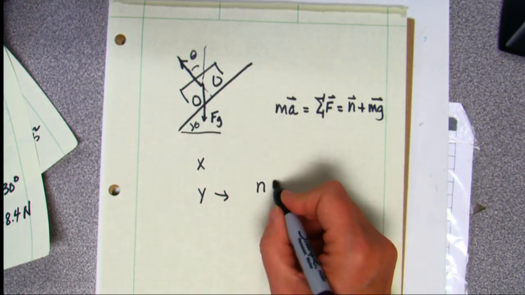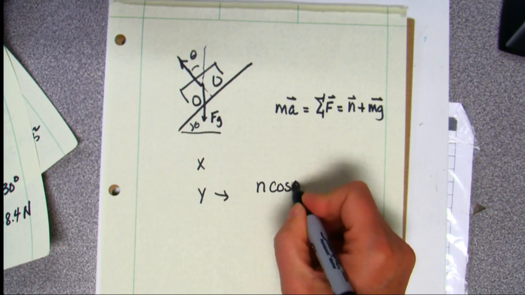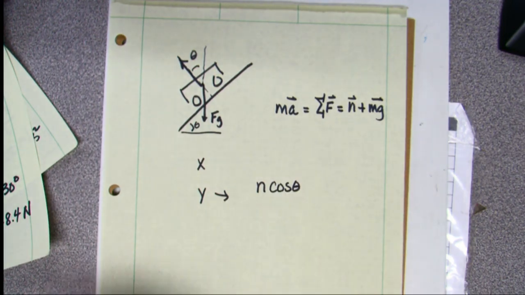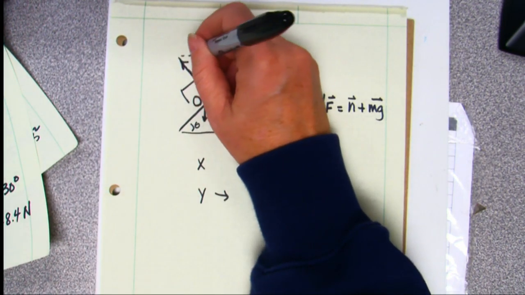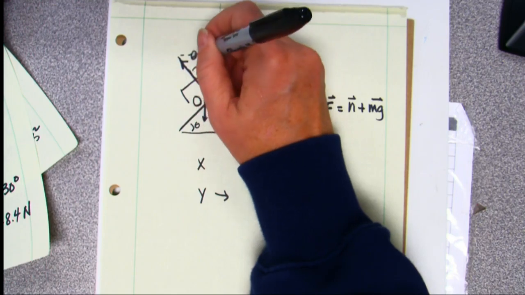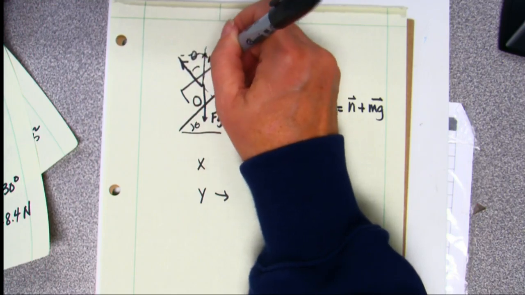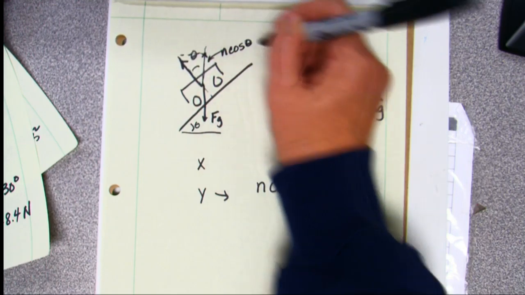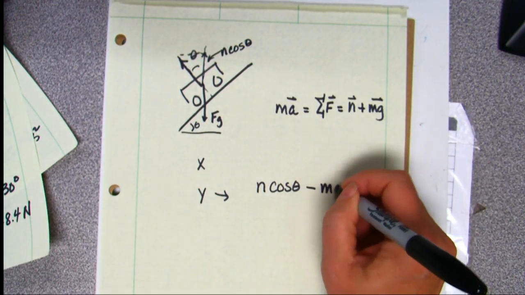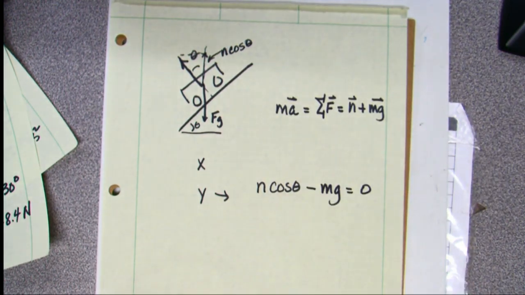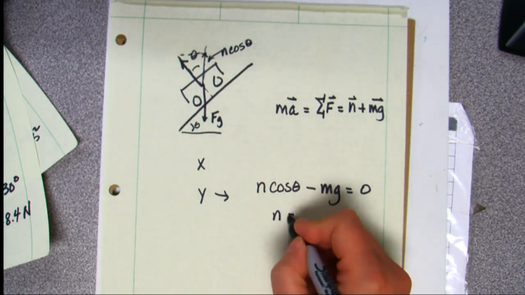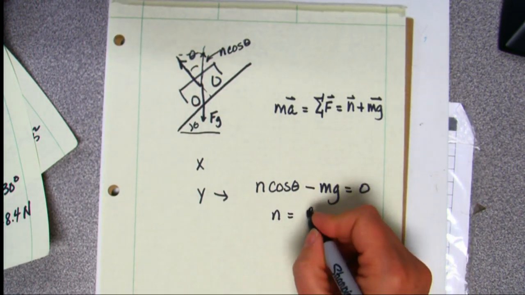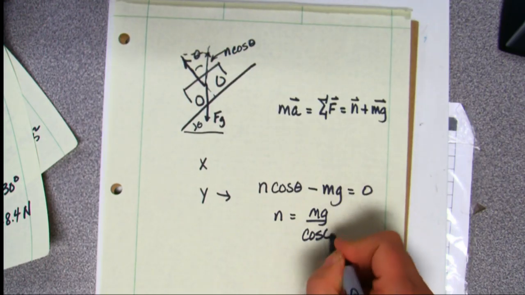I'm going to get my normal force times the cosine of the angle, because that's going to give me this projection, minus my force due to gravity has to equal 0. So the normal force is just the mass times gravity divided by the cosine of the angle.